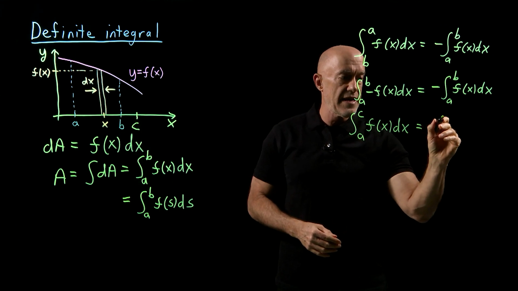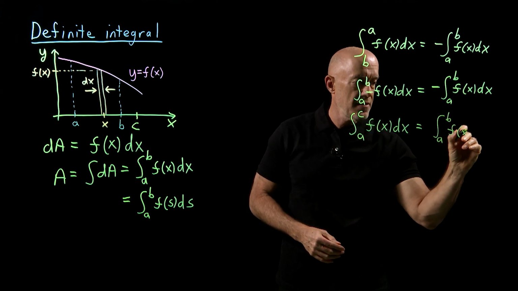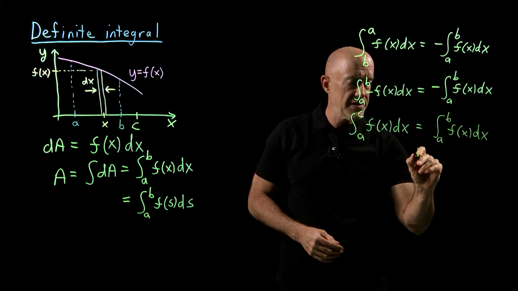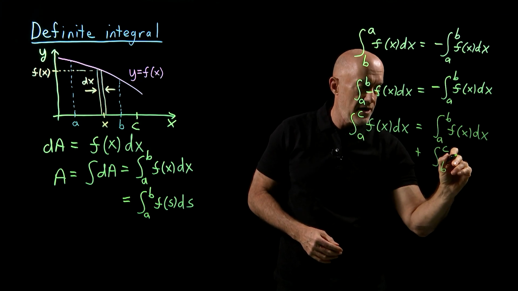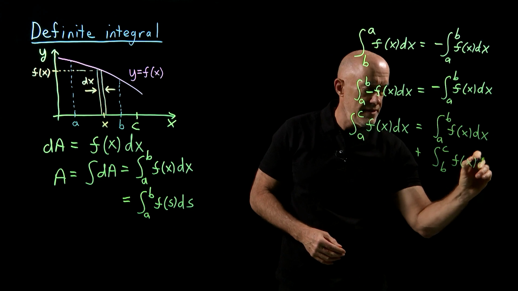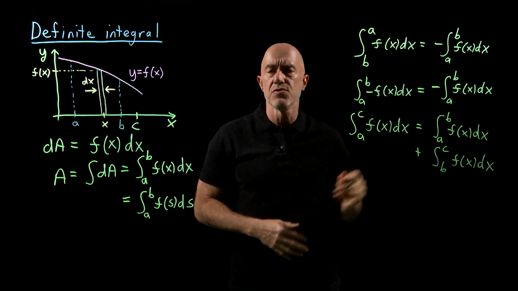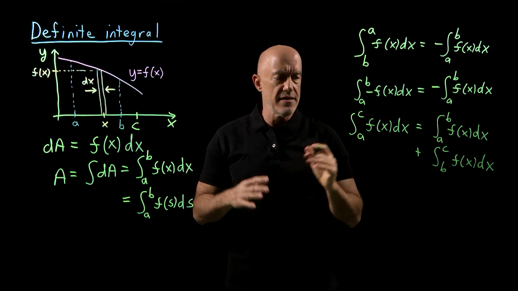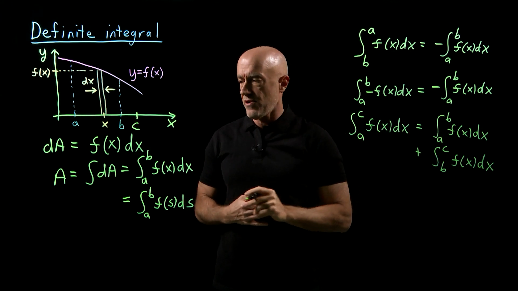So we can write that as the integral from a to b of f of x dx plus the integral from b to c of f of x dx. So sometimes the splitting of an integral into two integrals can save us some work in evaluating the integral.